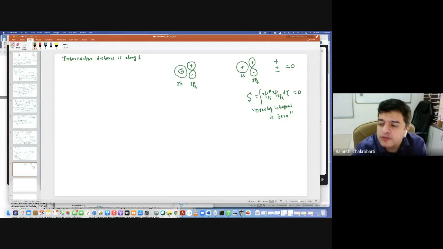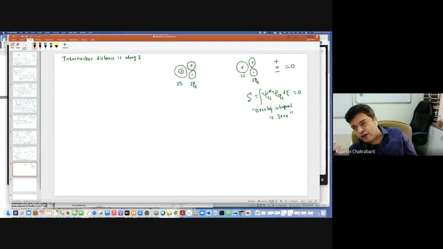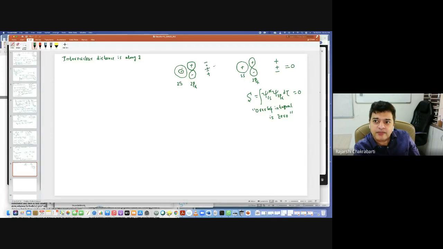Then plus and minus will give you a small minus, and they will also be of equal amount, so they will cancel. So you have a minus, then a plus, then a small plus, and then a small minus, and if you add them, it's going to be 0. So in this case, the overlap integral is 0.